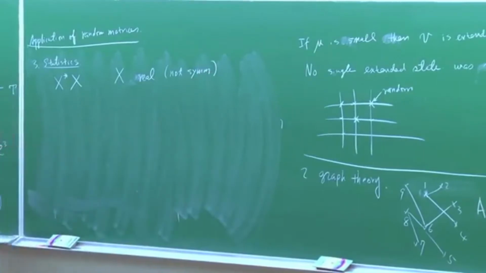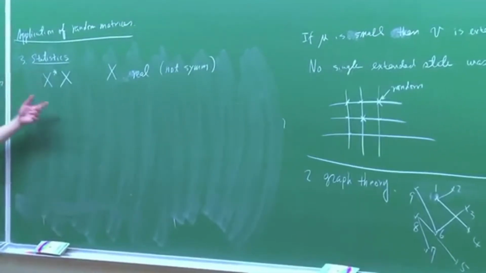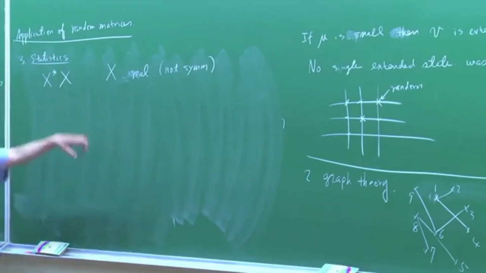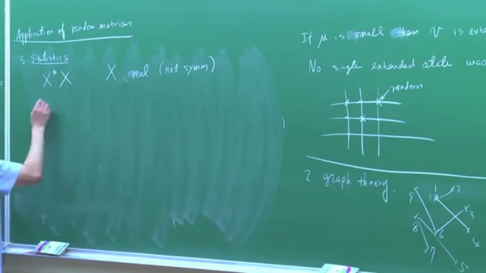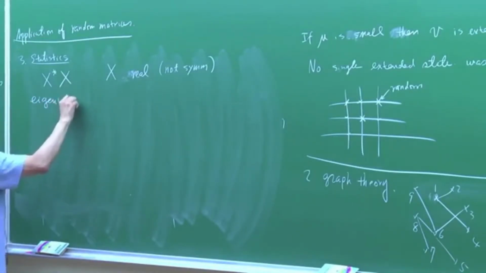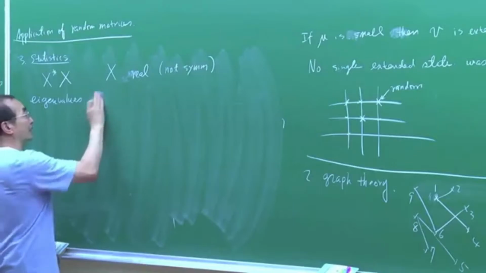If you work in statistics, you know that everybody is looking at matrices of this type, X star X, and there are also applications in the combinatorics of this matrix. So the question is the same: eigenvalues and eigenvector properties.